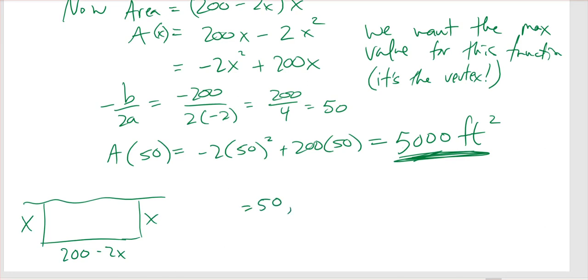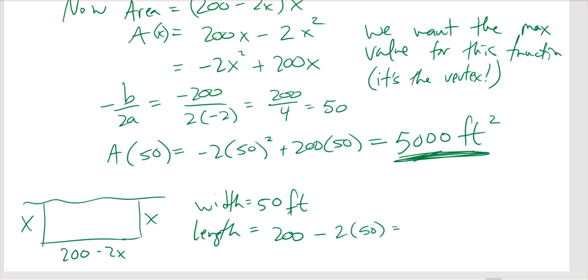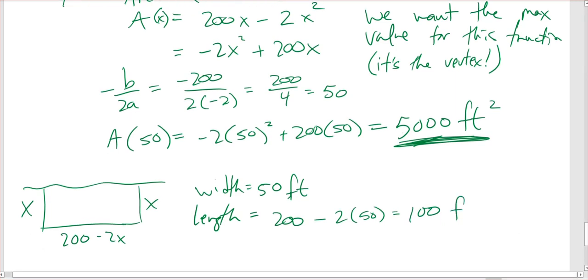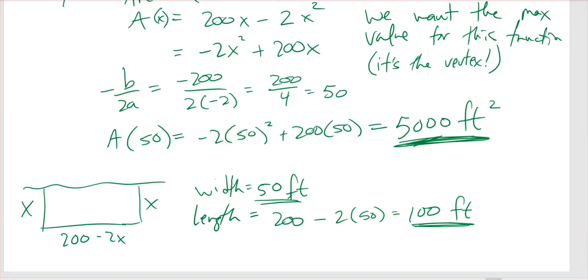This is our width. And then our length is going to be 200 minus 2 times x, which would be 200 minus 100, which is 100 feet. So if we were asked what are the dimensions of the rectangle, we would say 50 feet by 100 feet. And if we were asked what is the maximum area allowed, we would say 5,000 square feet.